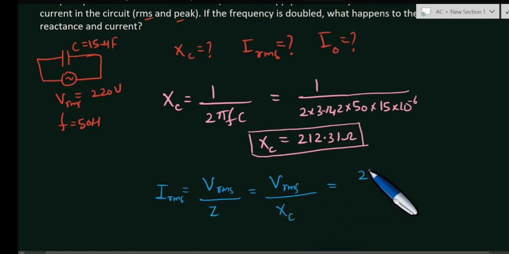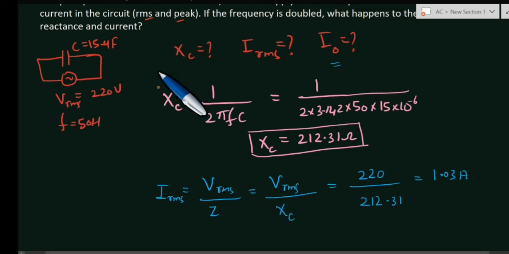So VRMS is 220 divided by the XC value we just found, and the value is 1.03 amps. And next, I naught value we need to calculate.